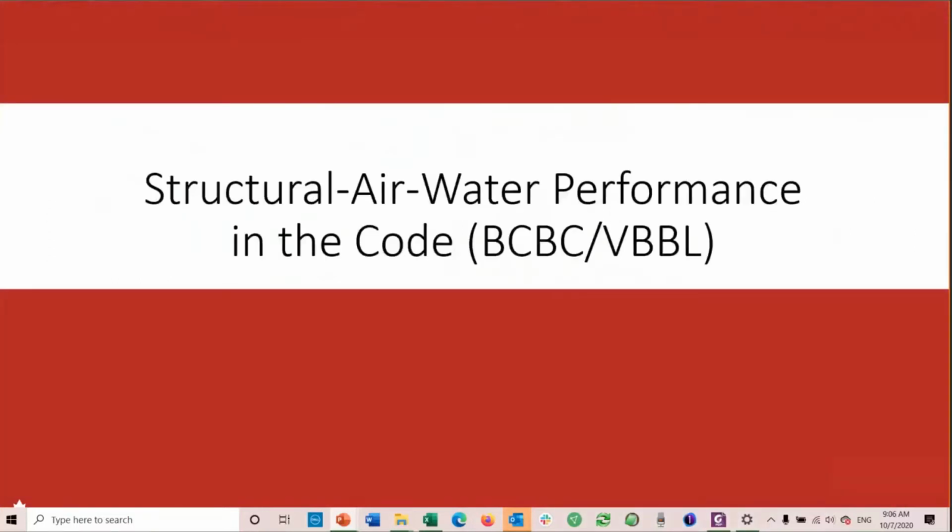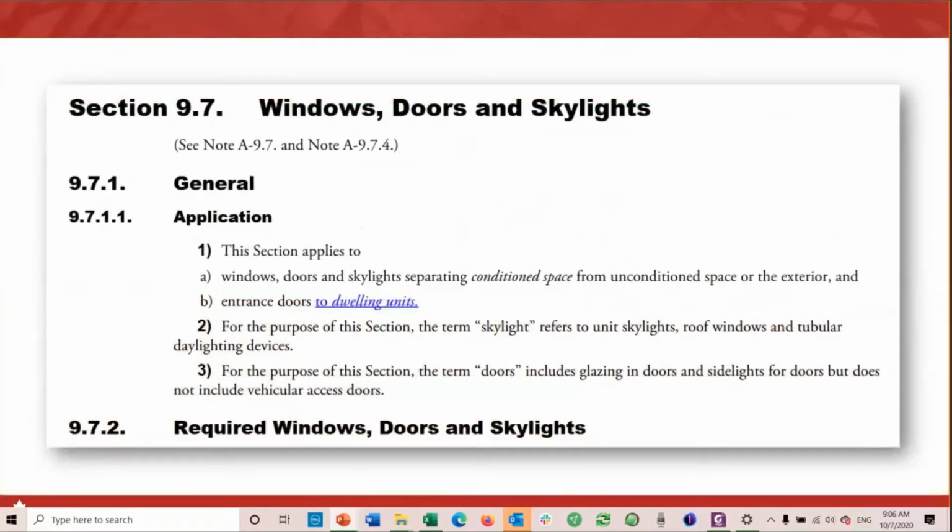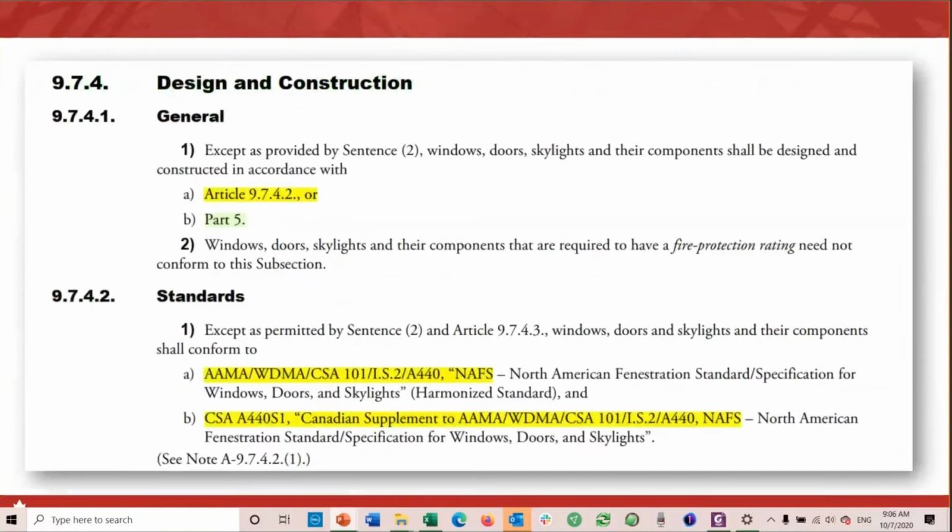I think it's helpful also not just to know about labels and what I'm telling you. I think it's helpful for us to know a little bit about the language of the code itself in Part 9. Windows, doors, and skylights are described in Section 9.7, and the matters we're talking about today are in Subsection 9.7.4, which is titled Design and Construction.